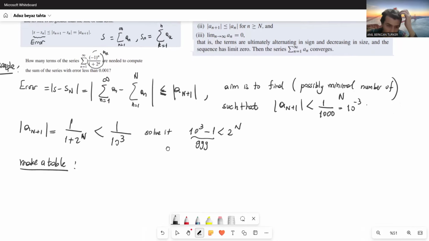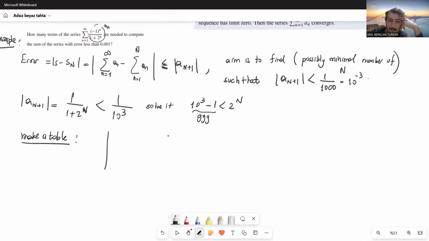So make a table. This is n and this will be 2 to the power n. At each n, I'm going to check whether 2 to the power n is bigger than 999 or not. For several n's it is obvious, but I'm not sure about others. 5 gives 32, 6 gives 64, 7 gives 128, 8 gives 256, 9 gives 512.